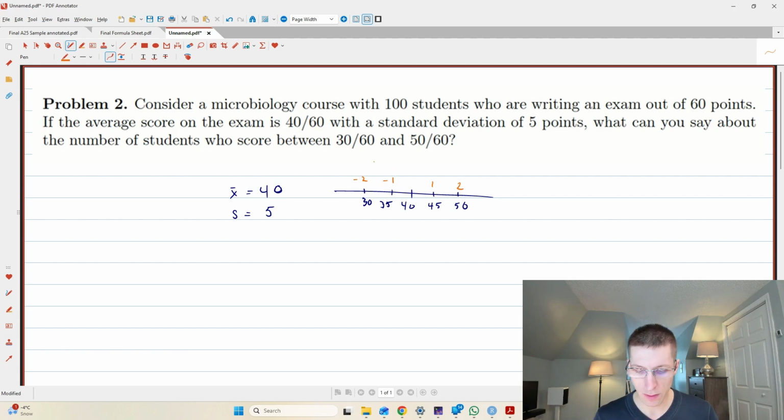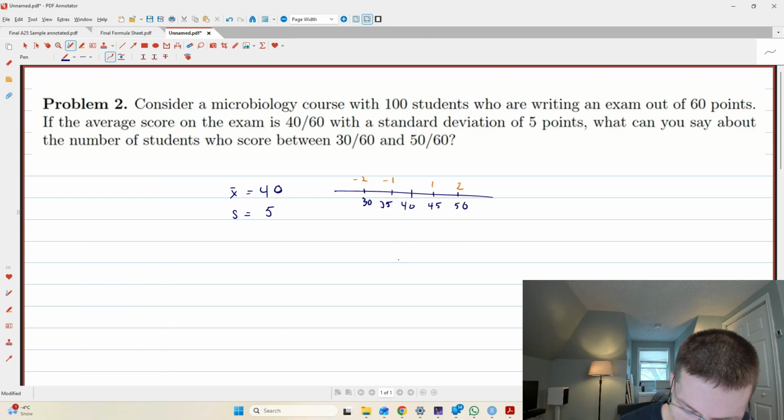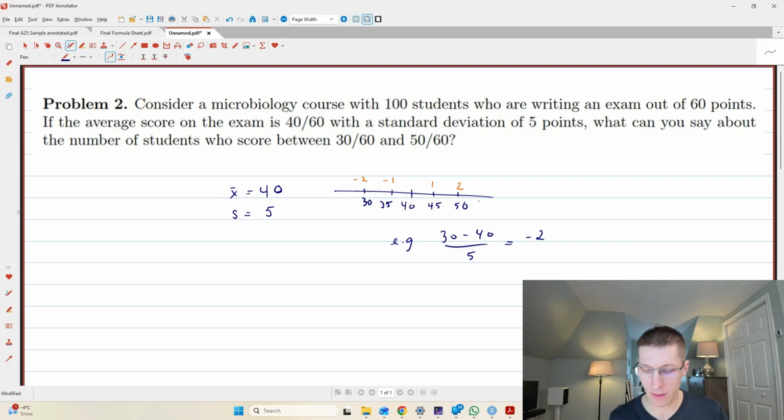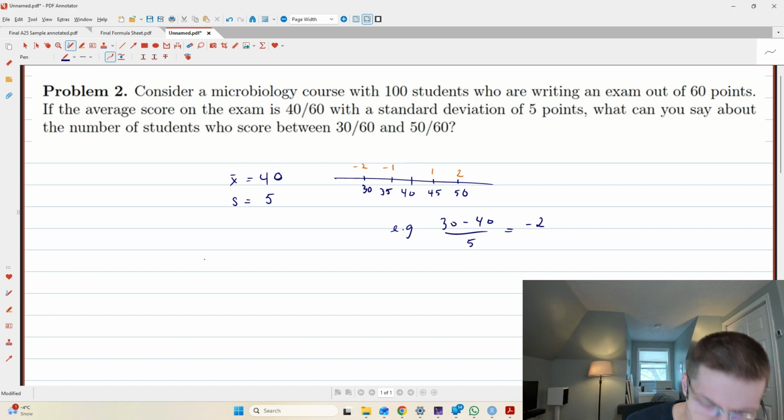So 30 is 2 standard deviations less than the mean, and 50 is 2 standard deviations greater than the mean. You could also do that with Z scores: 30 minus 40 over 5 is -2, and 50 minus 40 over 5 is +2.